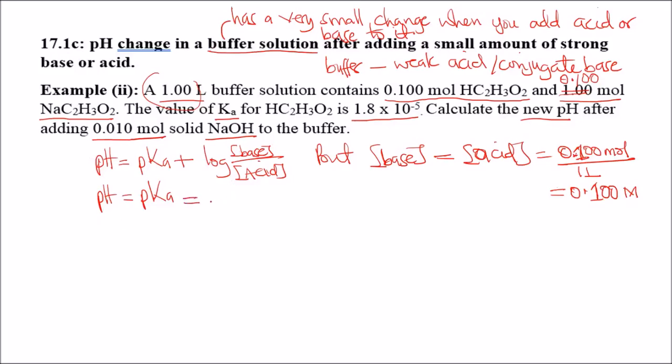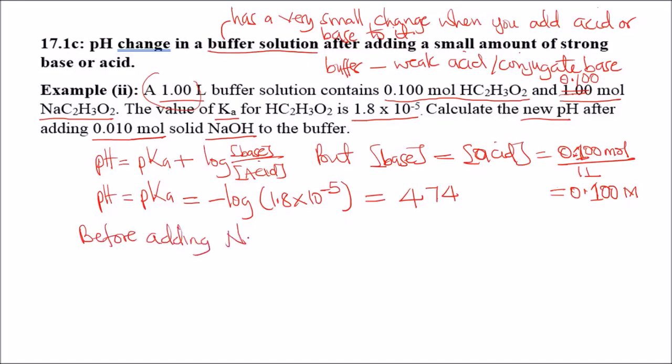And the pKa will be minus log 1.8 times 10 to the power negative 5, which gives us 4.74. So we can say that before adding sodium hydroxide, pH was 4.74.